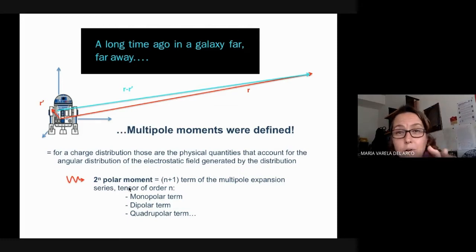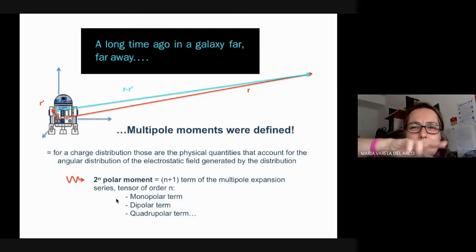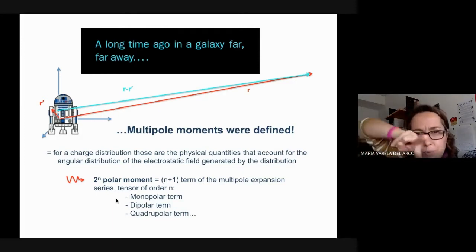Now, as for the second term of my series, if the first one is the order 0, the next one would be order 1, n+1 equals 2. That would be my dipolar moment. The dipolar term is going to be the second term of my expansion, right? And I can anticipate that it's going to describe something like a measure of the, let's say, twofold symmetry of my distribution.